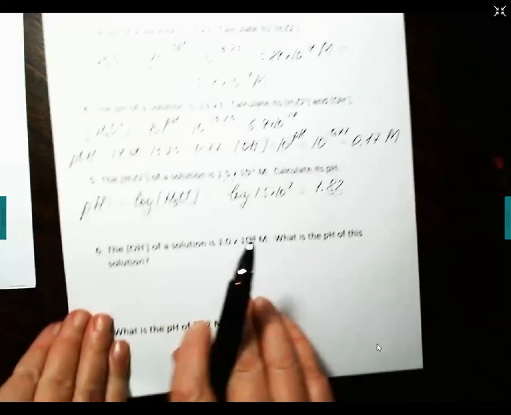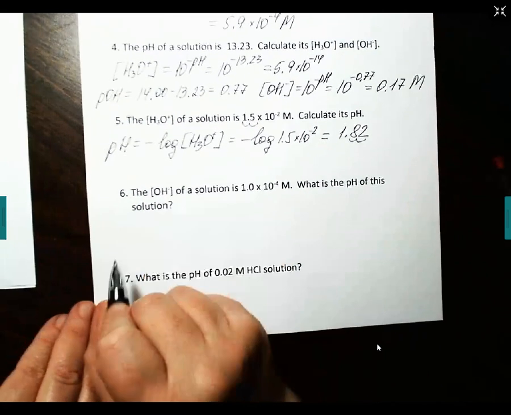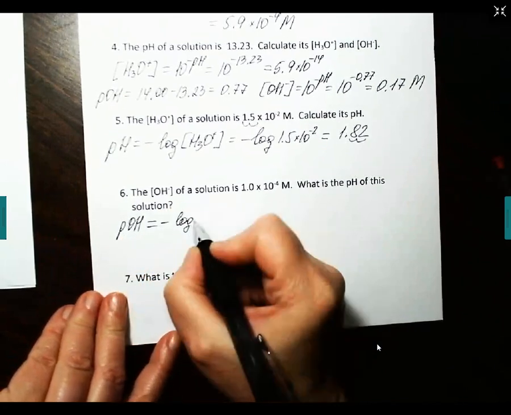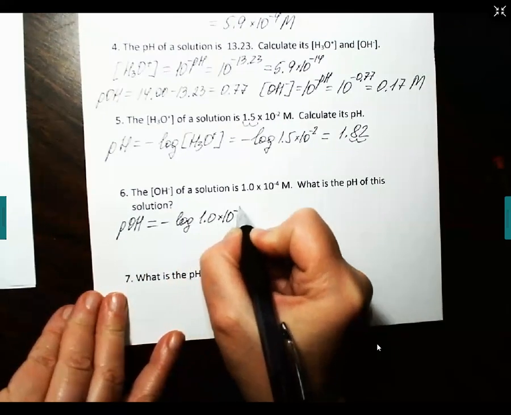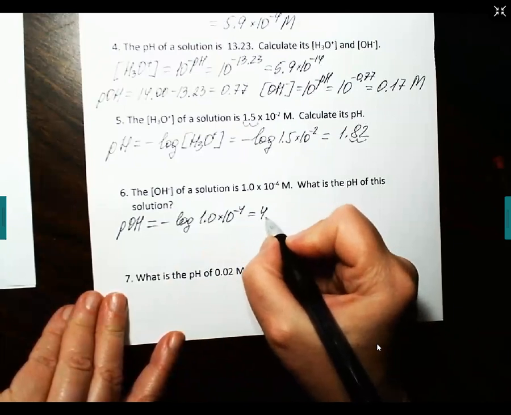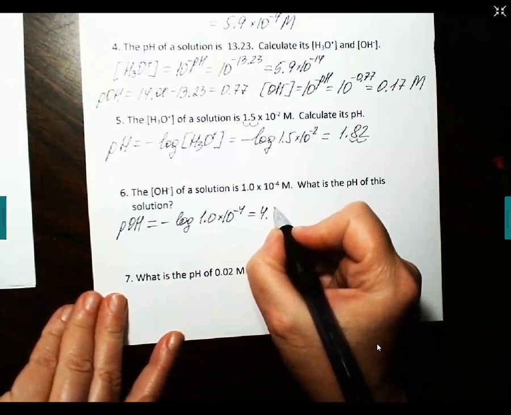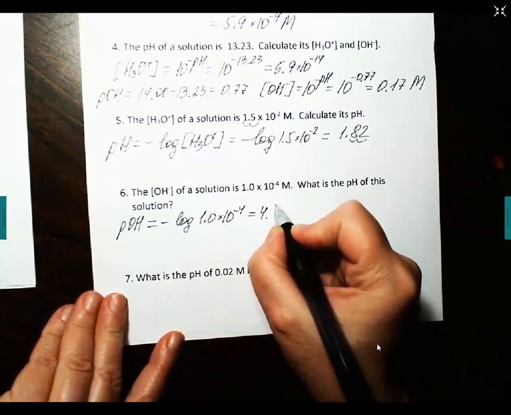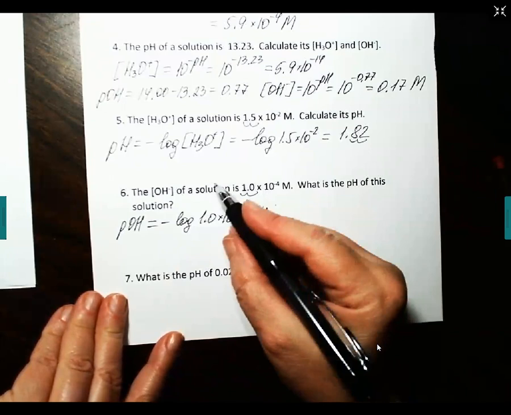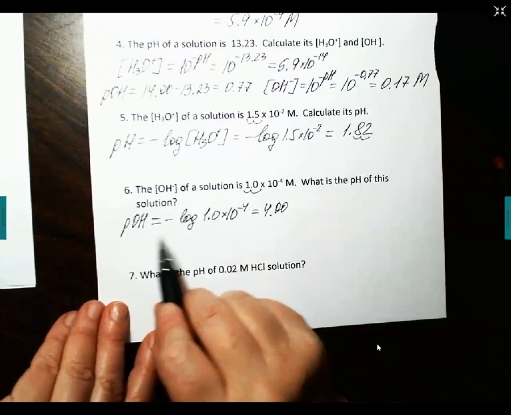Or second way, we can calculate pOH as negative log of 1.0 times 10 to the negative 4, which is 4.0. And we have two significant figures in our concentration, so we need two decimals: 4.00. So this is pOH.